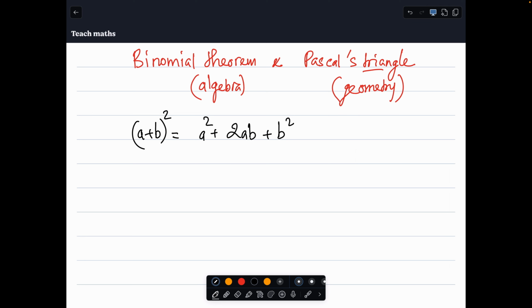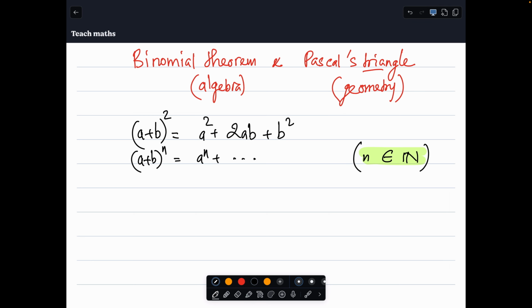The binomial theorem is a plus b power n. Okay, n is a natural number. This is how mathematicians want to say that n is a natural number.